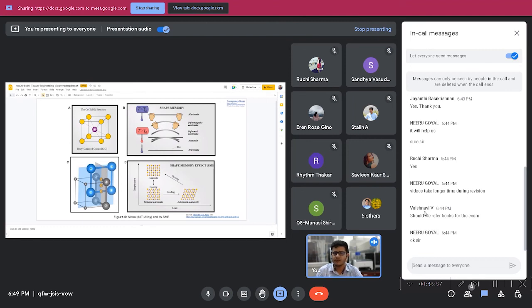I cannot hear you, check your mic again. Or you can write it down in the chat box also, no issue. If you are having trouble with the mic, you can write it down in the chat box.